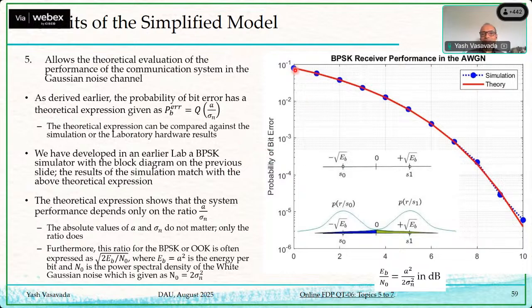If you did that simulation, you would have measured this probability of bit error curve. And if you compare it with the theoretical expression, which is Q of A divided by sigma n, you would have seen that it matches exactly the simulated profile.